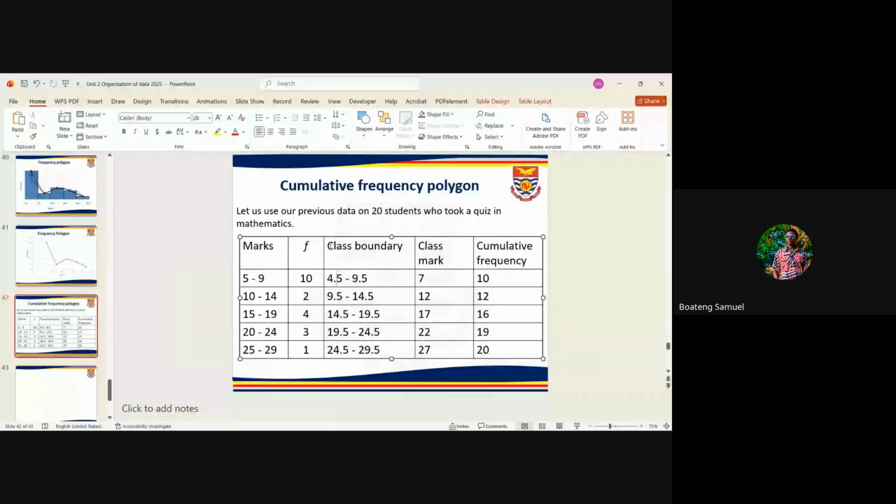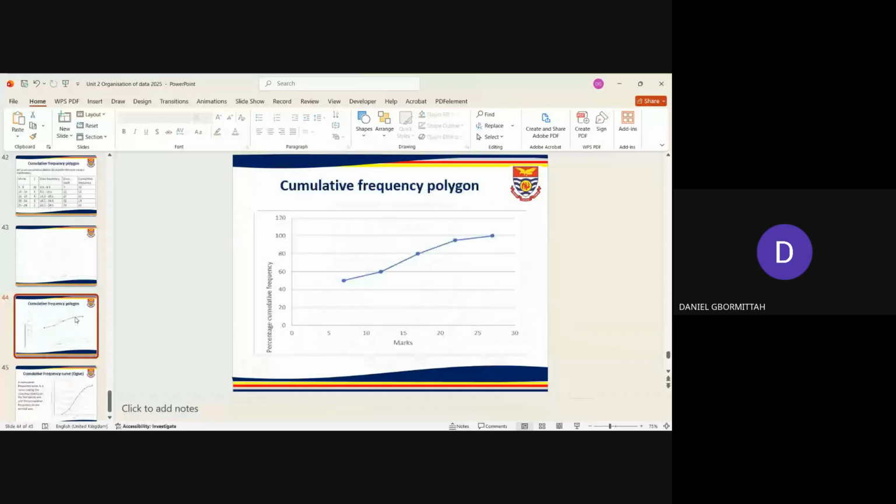Get your class boundaries, get your cumulative frequencies, and then plot your cumulative frequencies against your class boundaries, and you are good to go. Don't use the class mark nor the class midpoint. None of them is going to help you. So this is an example we have here.